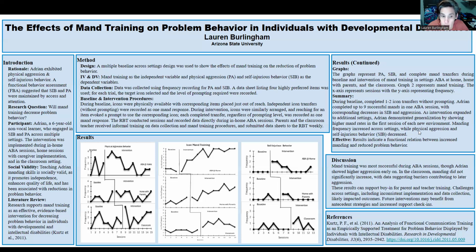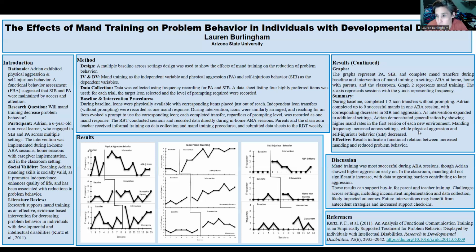When we look at the method, starting with the design, I did choose to use a multiple baseline design across settings. The settings that I chose were primarily where and when and who she spends the most time with. So I did this during ABA sessions at home, with parents outside of ABA sessions at home, and within the classroom.